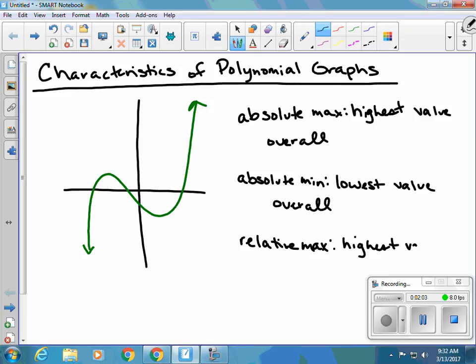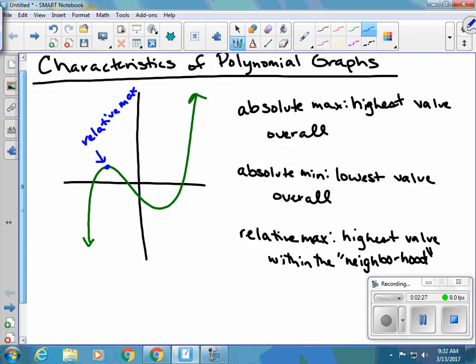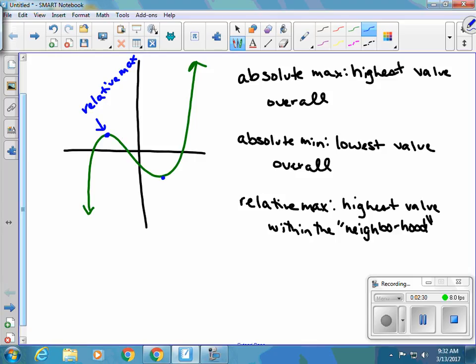So a highest value within the neighborhood. So in our case, this point here would be a relative max. So with that said, we know this one here is going to be our relative min.